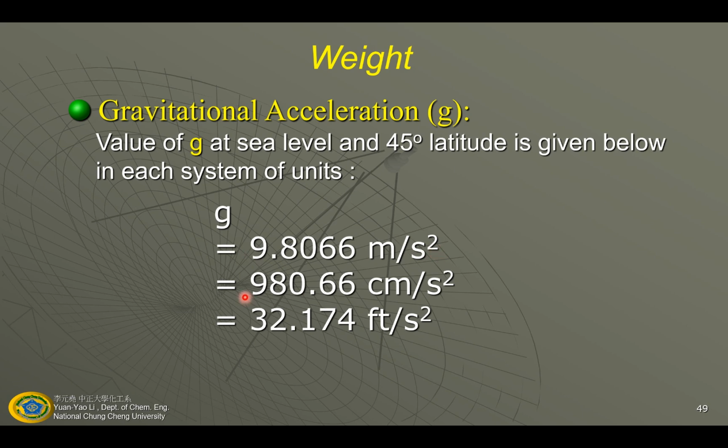And you understand now this is the SI system. CGS system will be 980.66 centimeters per second squared. And for the American Engineering System, gravity will be 32.174 feet per second squared.